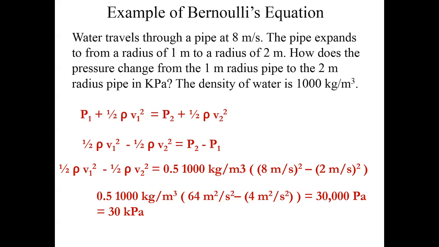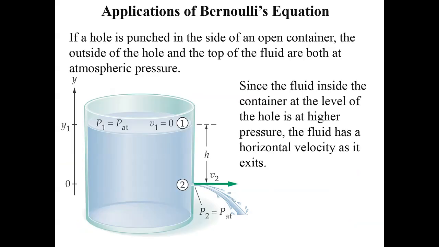Notice that this is telling us that the pressure has increased by 30 kilopascals when the radius of the pipe has increased from 1 meter to 2 meters. The pressure has increased because the velocity has decreased. Because of conservation of energy, when the velocity of the fluid increases, the pressure decreases, because more of the energy is in the form of kinetic energy. When the fluid slows down, there's less kinetic energy, so the pressure increases.